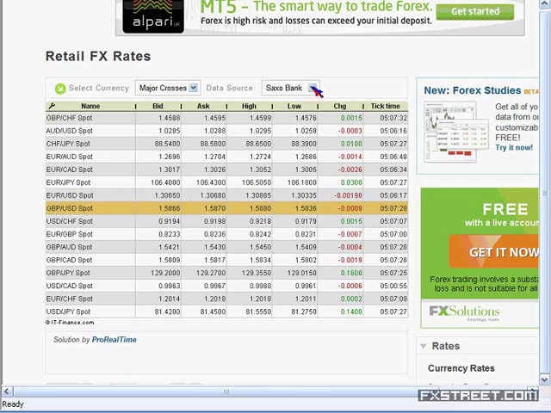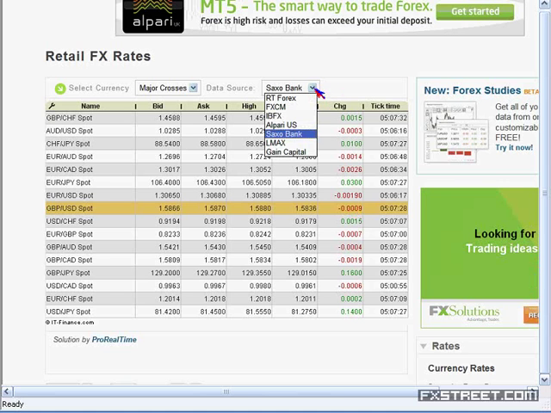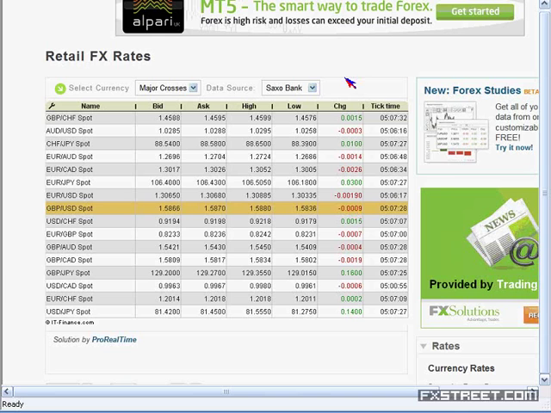So we have to look for who is a reliable provider of all the list we have shown here and try to choose the right type of quote page for our trading decisions.